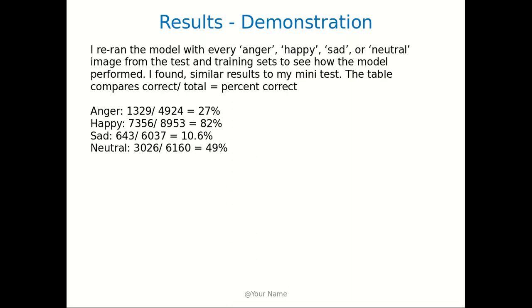So I did this for each one: angry, happy, sad, neutral. Angry got 27%, happy was 82%, sad was as low as 10%, neutral was 49%. So you can see there's a huge difference between how each expression did.